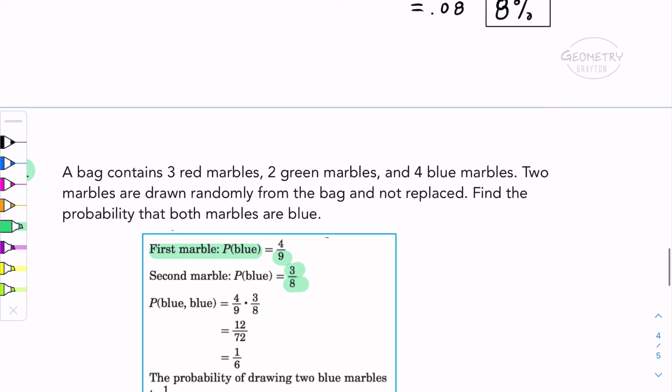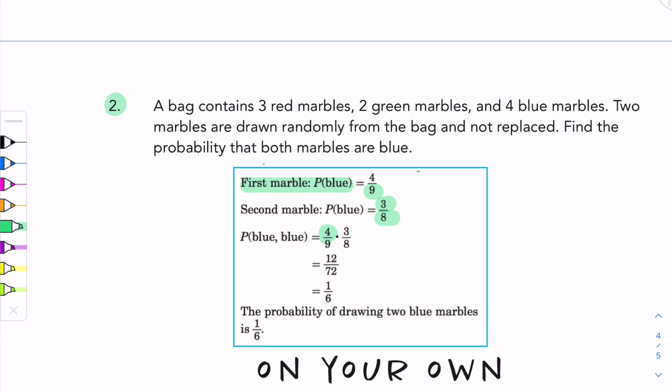So the probability of picking a blue both times would be 4 out of 9 for your first pick, and 3 out of 8 for your second pick, assuming you picked 1 blue. That gives us 12 out of 72, which is 1/6. So the probability of drawing 2 blue marbles is 1/6.